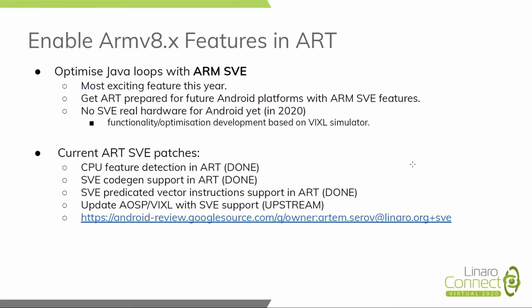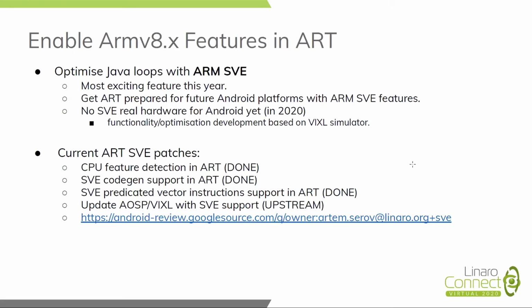So here is the status of our SVE patches. Our CPU feature detection of SVE features is done. The codegen support in ART of SVE is done. And we have also introduced the predicated vector instruction support in ART.